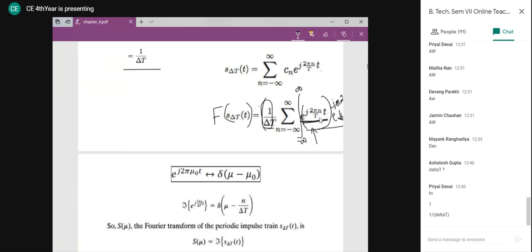In my case, the Fourier transform is of this exponential function, because this is the definition. What is the value of mu 0 in my case?